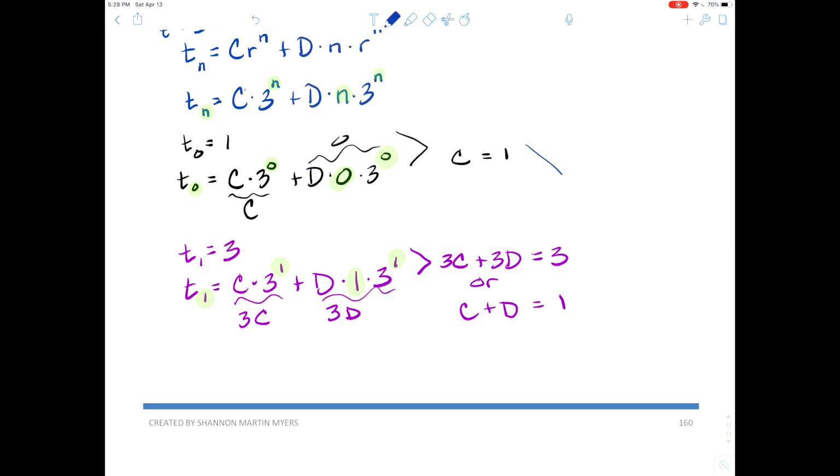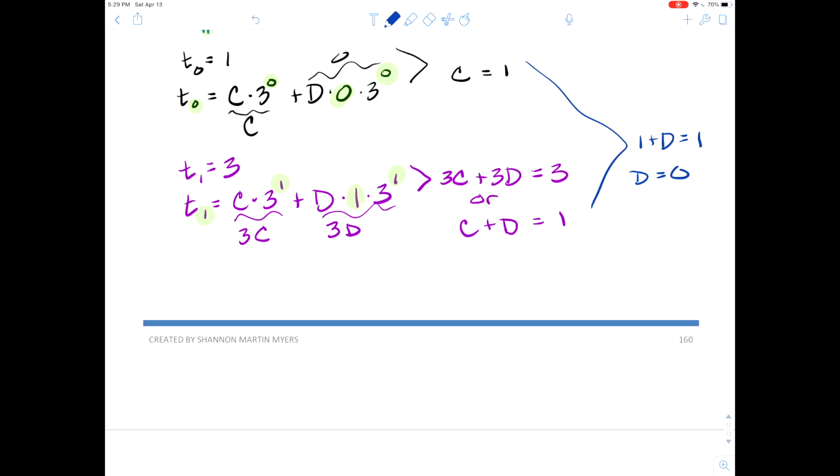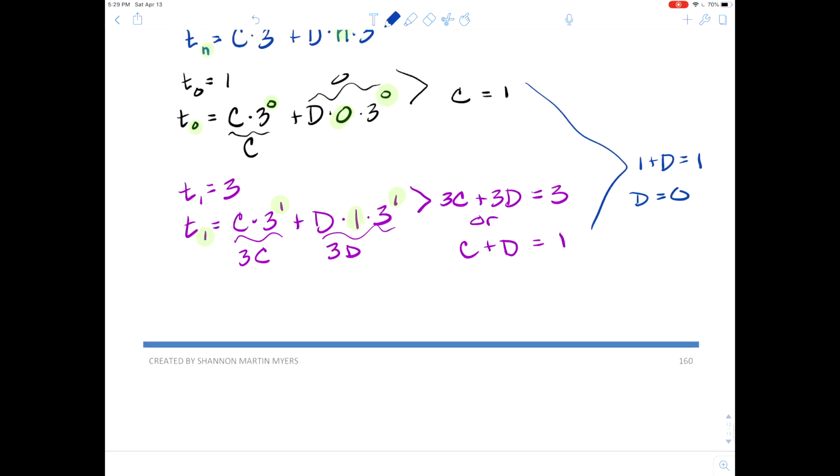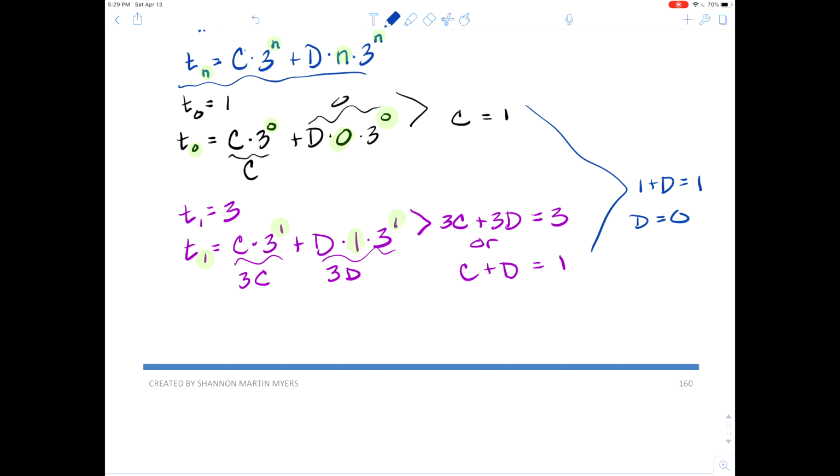Now bringing both of these together, what do we know? Well, c is 1, right? So 1 plus d is 1 means that d must be 0. Putting it all together, remember this was our t sub n, so t sub n is equal to, we know that c is 1, so 1 times 3 to the n plus d is 0, so 0 times n times 3 to the n.